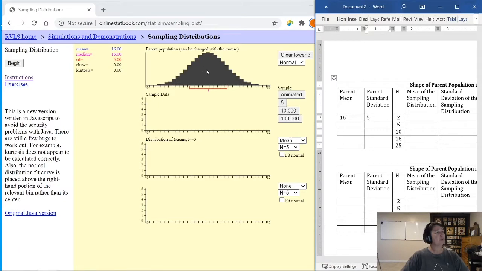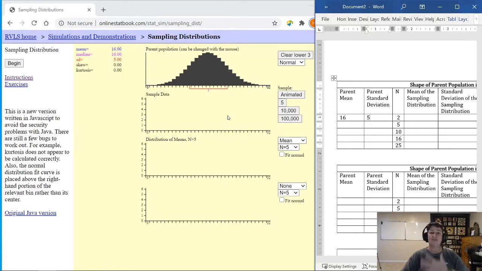So now here's what I'm going to do. From that population data, I'm going to take a sample of data. Right now, let's start with sample size 5. In other words, I'm going to take 5 women and I'm going to measure their heights. And it's going to drop those 5 women's heights down into this second category here.